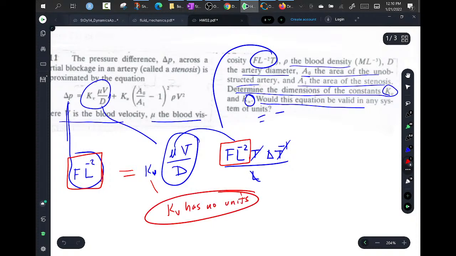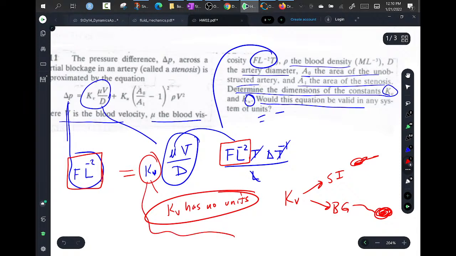This happens a lot in fluid mechanics. It happens a lot for two reasons. One, naturally it came out that way. And the second thing is, if it had units, then you would have a kV in SI that would be one value, and then in British gravitational would be some other value.